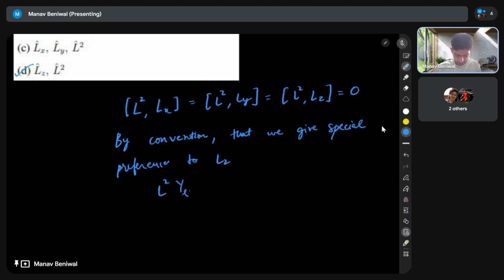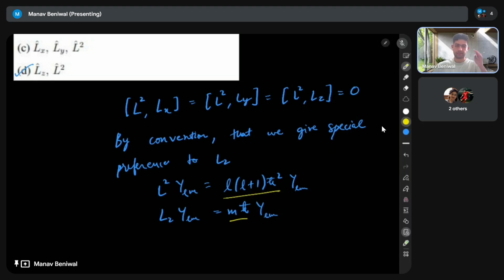So if this is Lm, L square will give us these eigenvalues, and Lz will give us this eigenvalue. So pretty standard. This we already know.